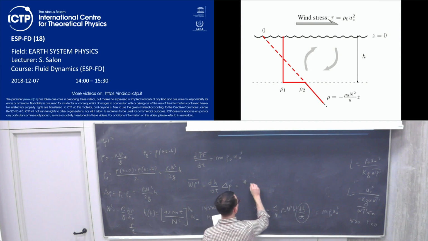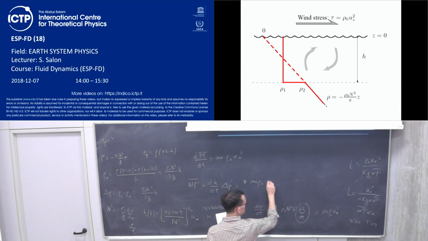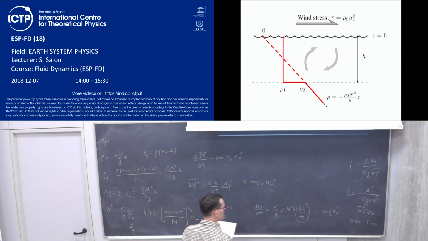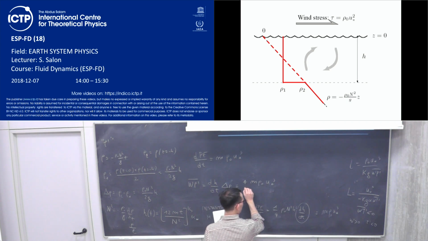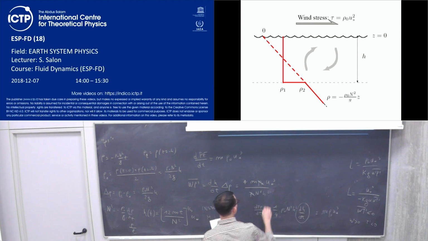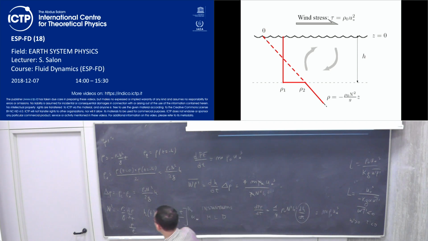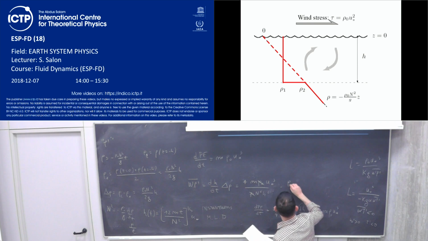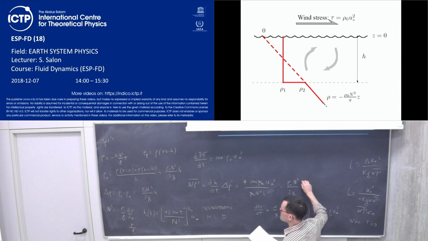It's 4 m rho 0 u star cube over rho 0 n squared H squared, while the scale of delta rho is rho 0 n squared over g, and then we have H.